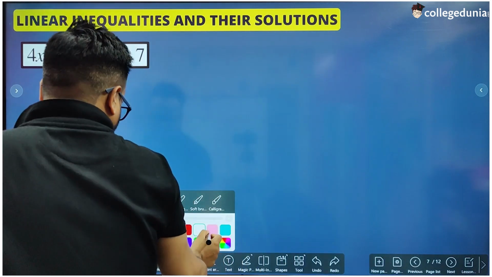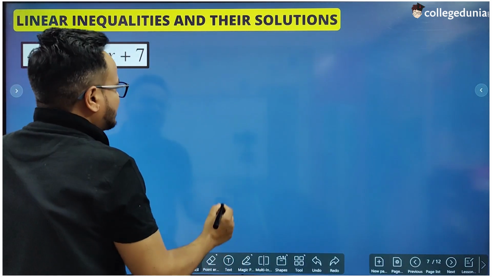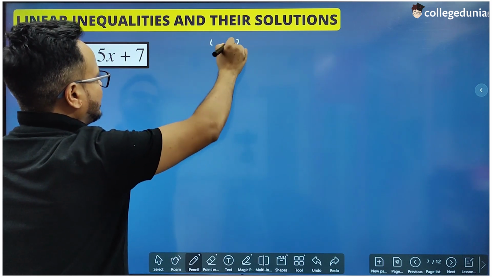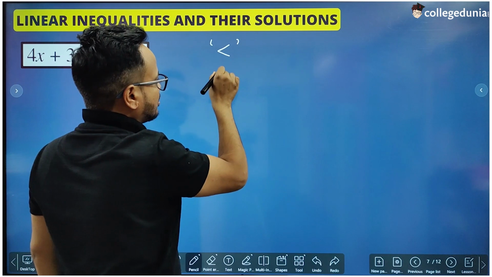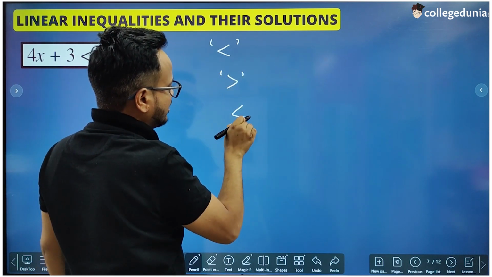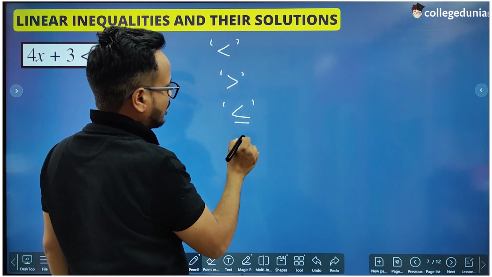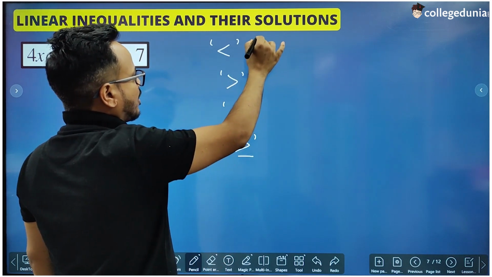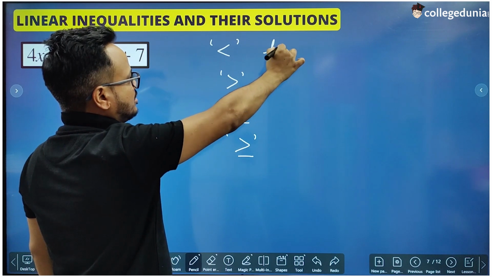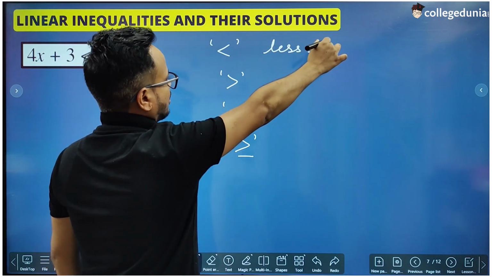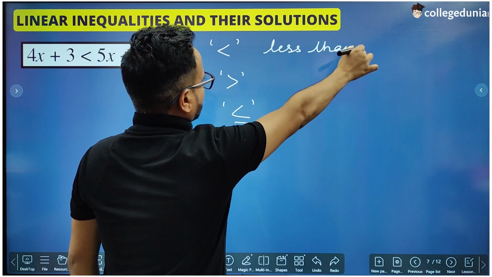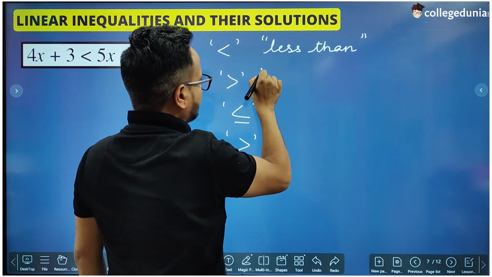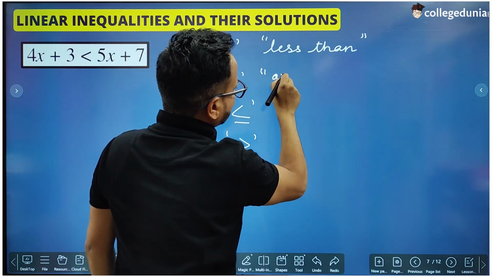First, let us understand the meaning of the signs used. You will find 4 different signs. One is this, one is this, one is this, and the last one is this. Okay, this is the less than sign, right? This is the greater than sign.